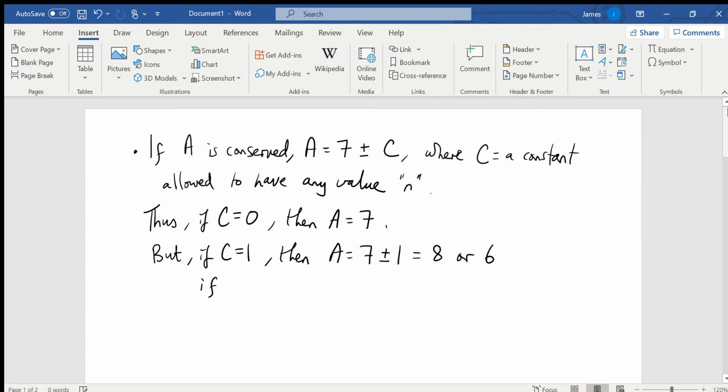And obviously, if C is equal to any value n, then A is equal to 7 plus or minus n, which equals 7 plus n, or 7 minus n.